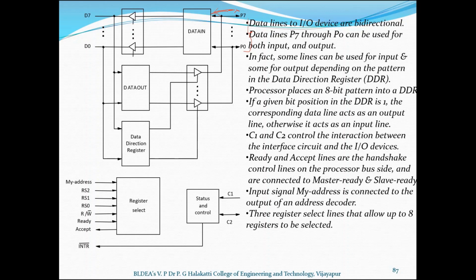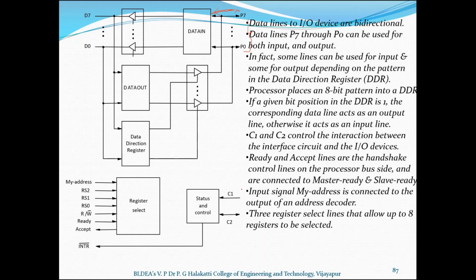In fact, some lines can be used for input and some for output depending on the pattern in the data direction register, that is DDR. A processor places an 8-bit pattern into the DDR. If a given bit position in the DDR is 1, the corresponding data line acts as an output line. Otherwise, it acts as an input line.